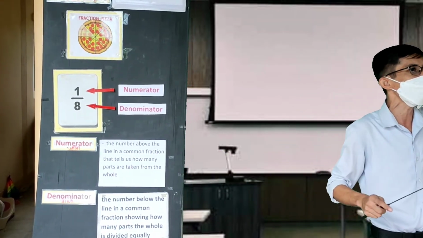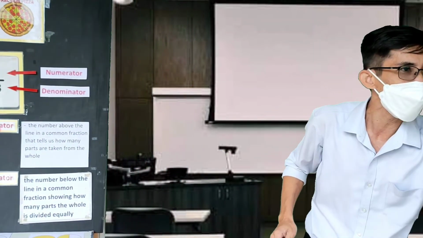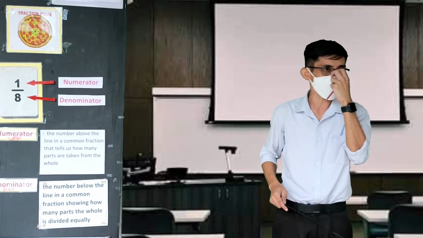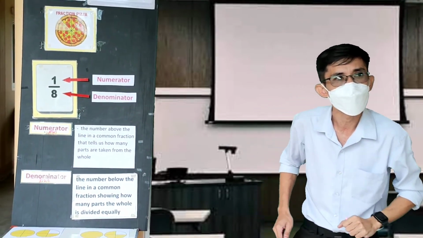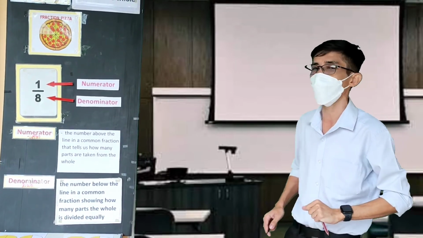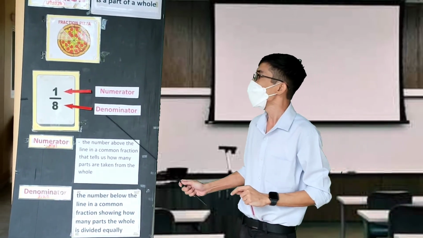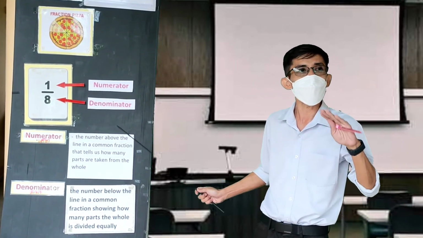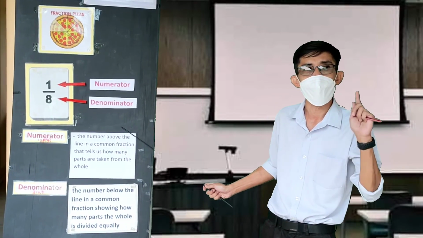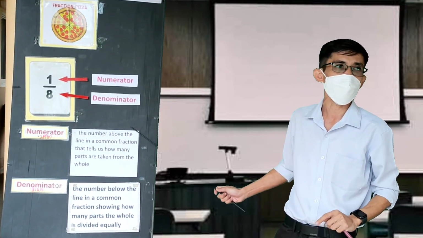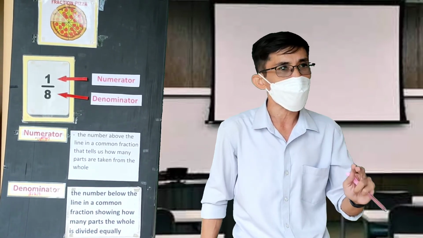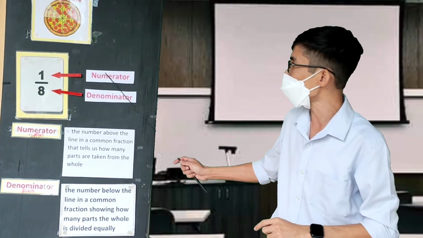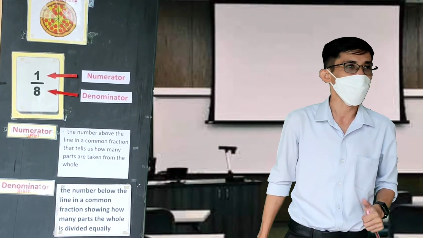What is that? Anyone? Okay, Nati, could you please stand up? What is your answer? Okay, very good. The correct answer is denominator. So the number below the line, we call the denominator. Students, kindly take note of these parts, the numerator and the denominator.